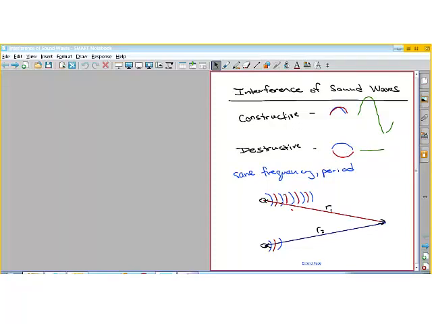It's all based on the geometry of the distances from the two sources, how far apart the sources are, and the wavelength of the waves.